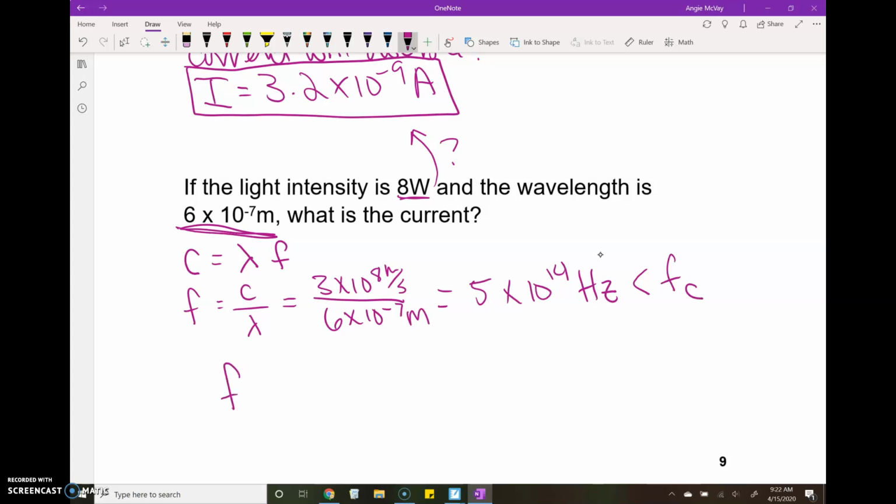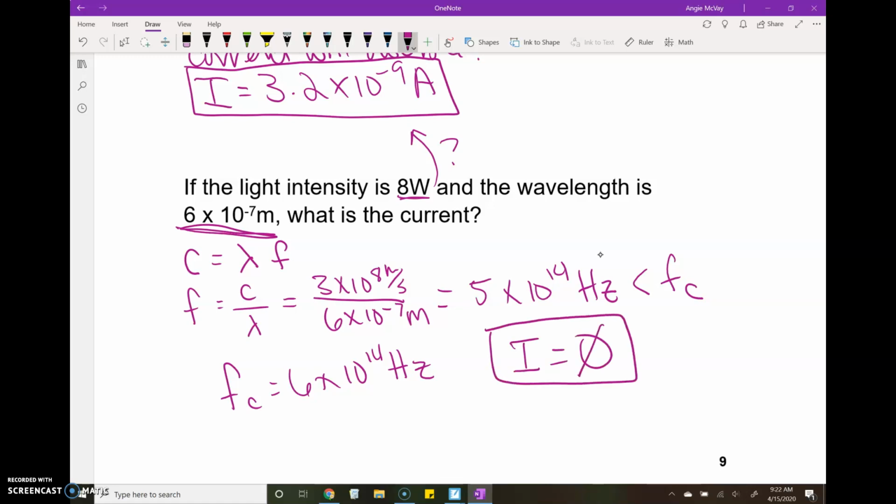The critical frequency was 6 times 10 to the 14 hertz. And what does it mean if the frequency of light is less than the critical frequency? It means there is no current, because we aren't up to the frequency of light that has enough energy to emit an electron.